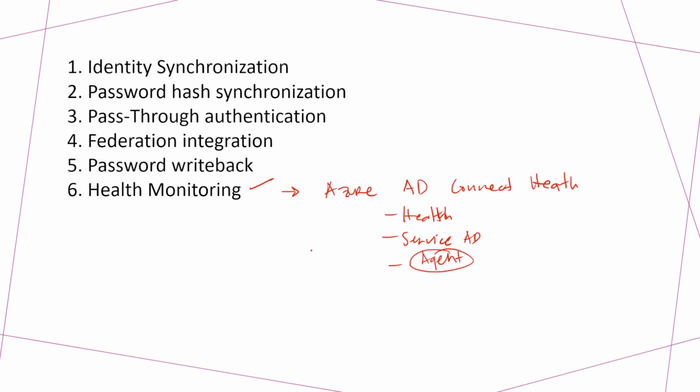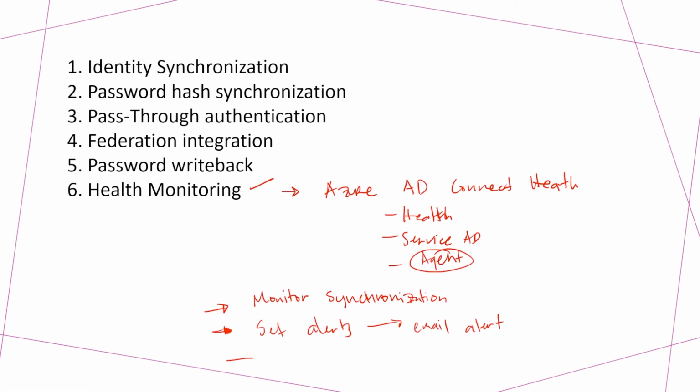What you can do with Azure AD Connect Health is monitor and gain insights on your synchronizations. You can set alerts. So let's say something failed, or if the health is degrading, you can send email alerts, and you can set that up.